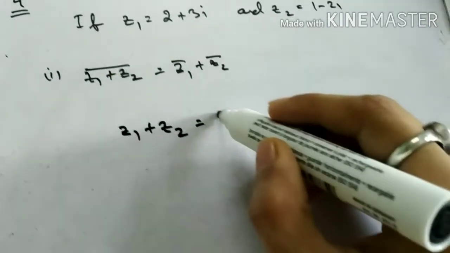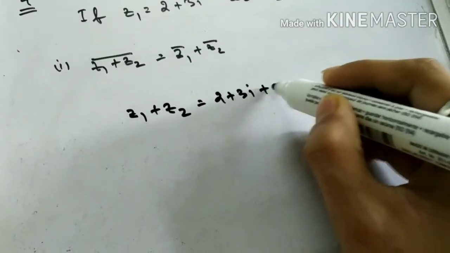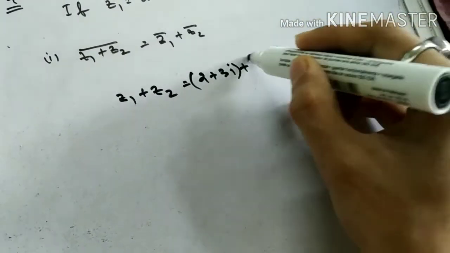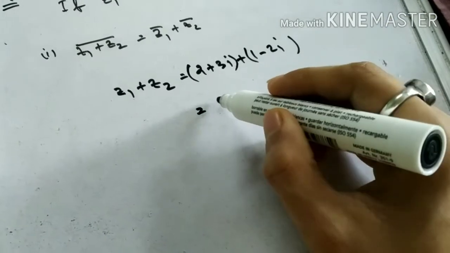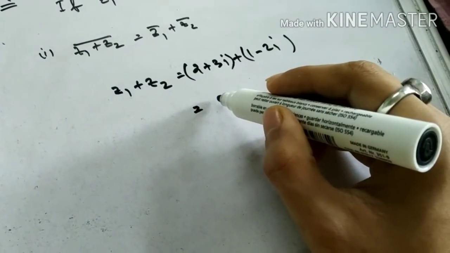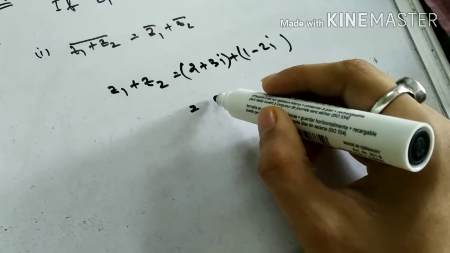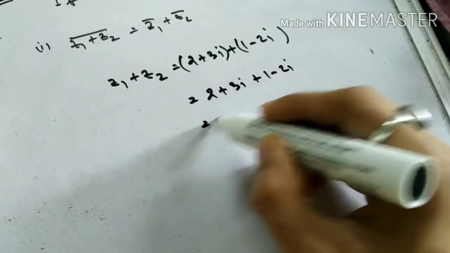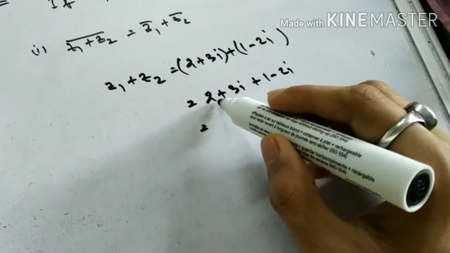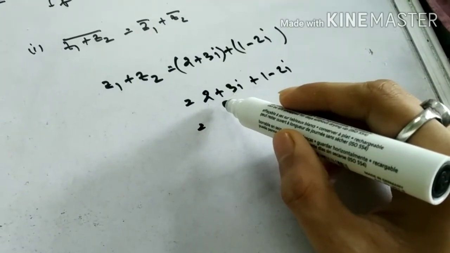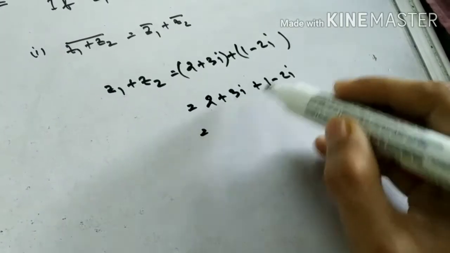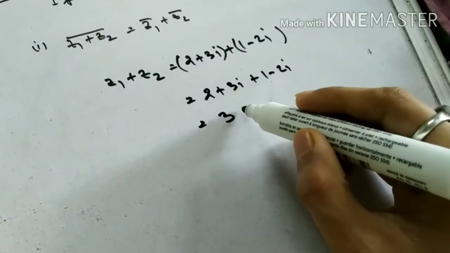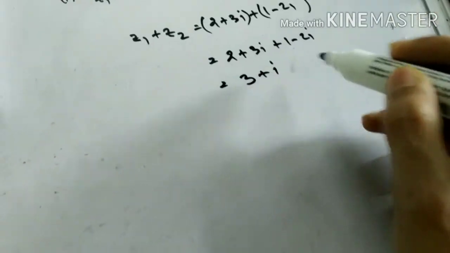So it will be equals to 2 plus 3i plus 1 minus 2i. 2 plus 1 it becomes 3, and plus 3i minus 2i it becomes plus i.